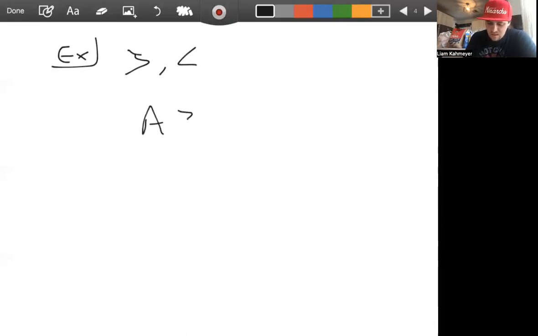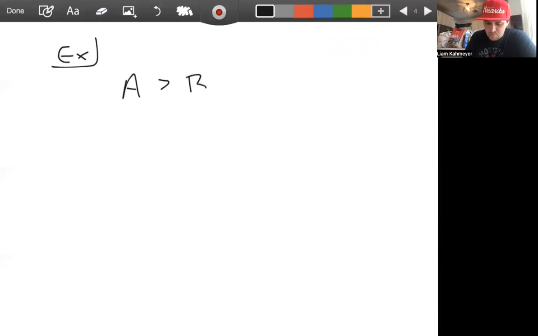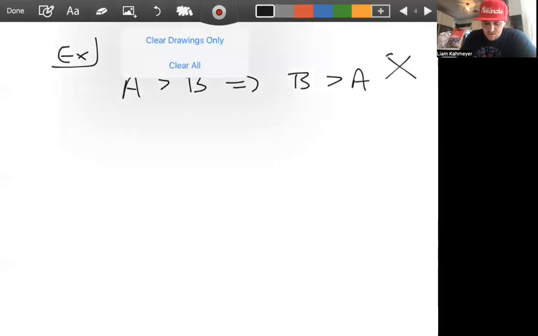Because A less than A is not true. And certainly symmetry does not hold. If you were to say A is greater than B, well, for this to be an equivalence relation, that would have to imply that B is greater than A, which is not true, right? It's a contradiction. So there's an example of something that's not an equivalence relation.